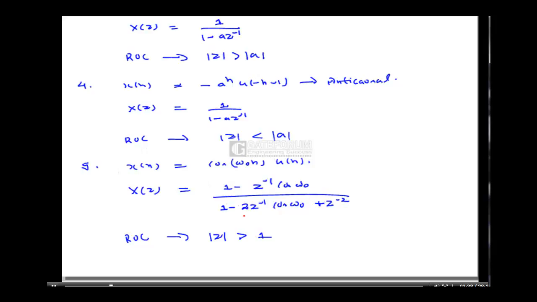Now for finding the Z transform of cos omega naught n, I can write x[n] equal to cos omega naught n u[n] in terms of exponential components: 1 by 2 e to the power j omega naught n u[n] plus 1 by 2 e to the power minus j omega naught n u[n].